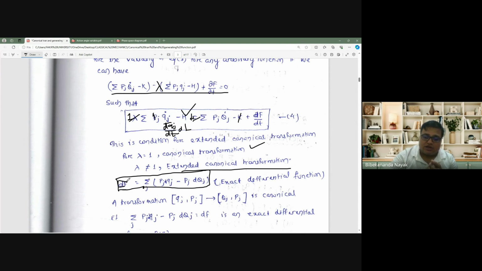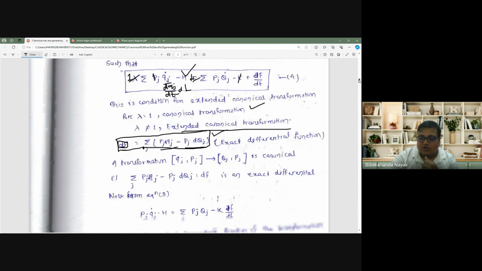It is the derivative or differentiation of some quantity. Then it is called a canonical transformation. For a canonical transformation, this difference summed over j, small pj dqj minus capital Pj dQj, must be an exact differential. We see in one or two problems.